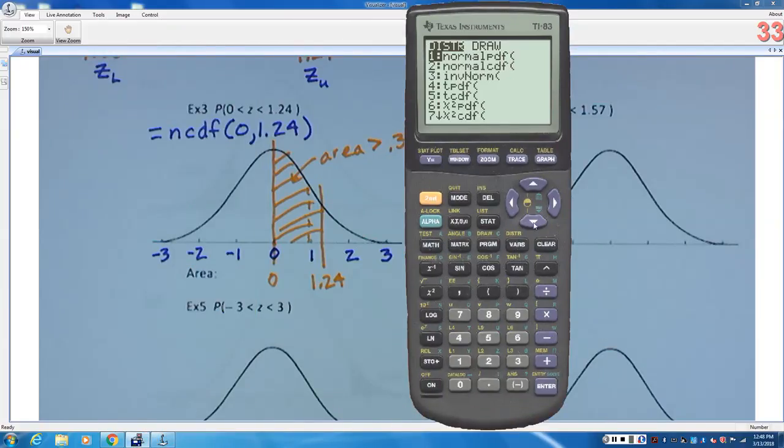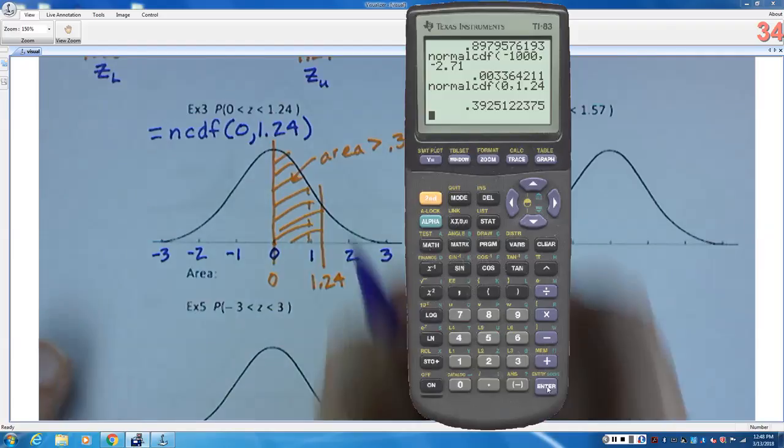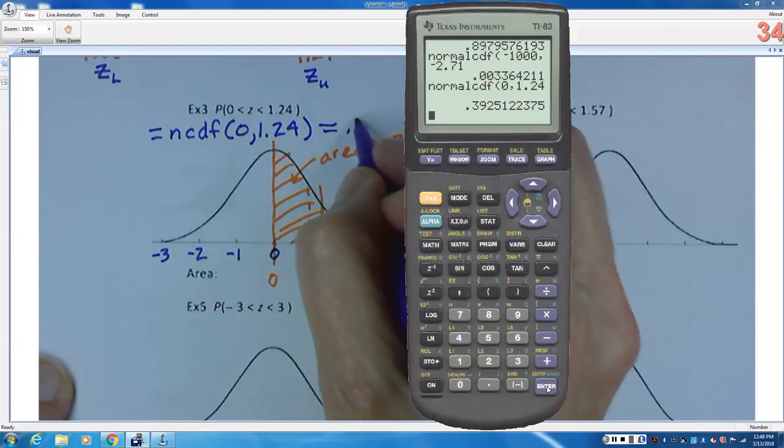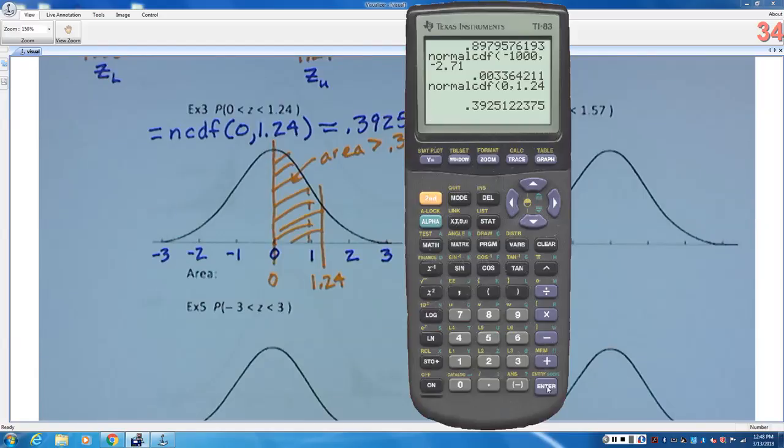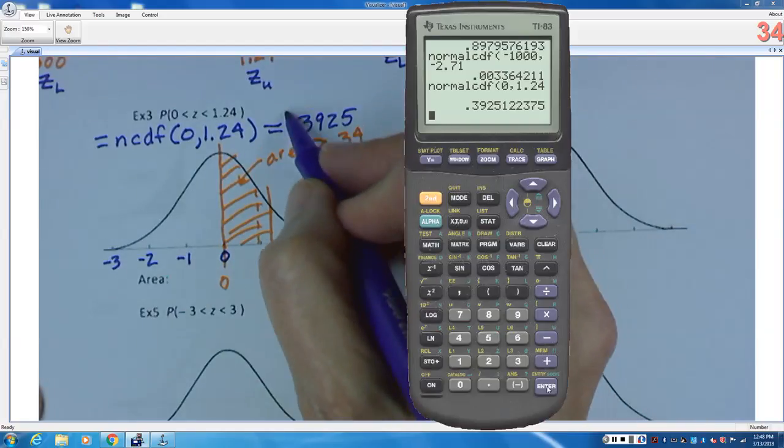Second distribution, normal CDF, 0, 1.24. And we get 0.3925. And that's your answer.